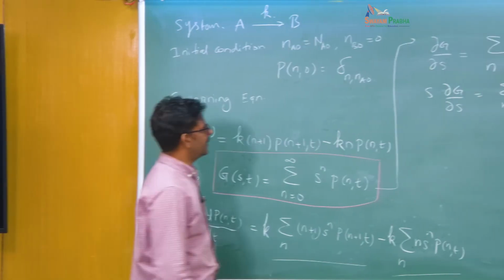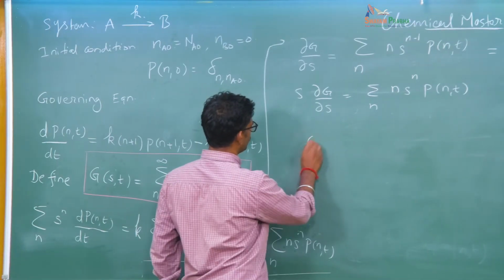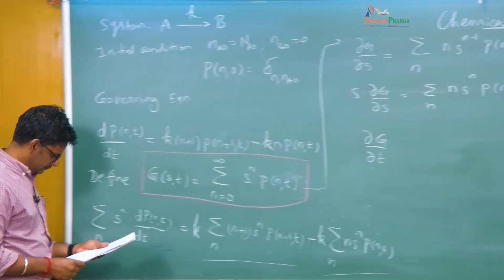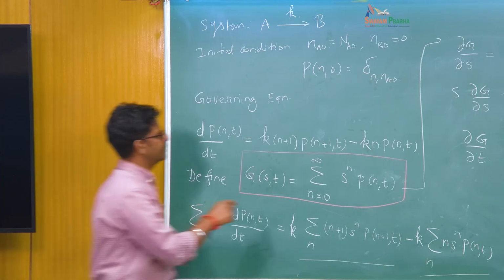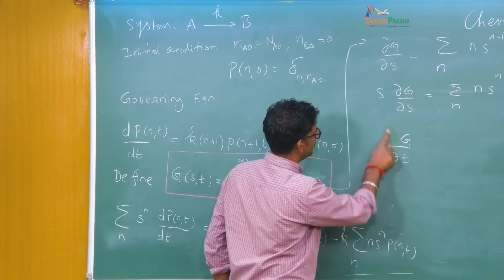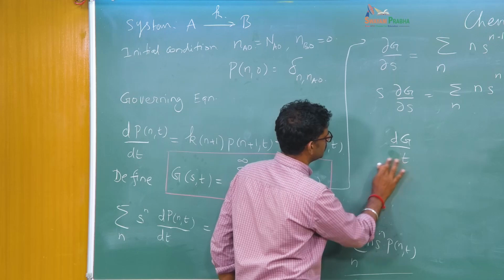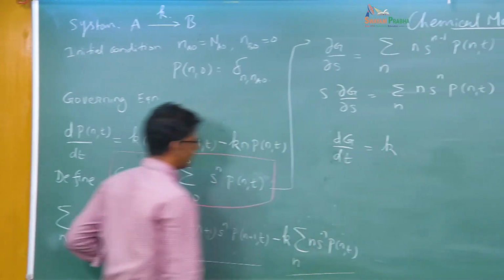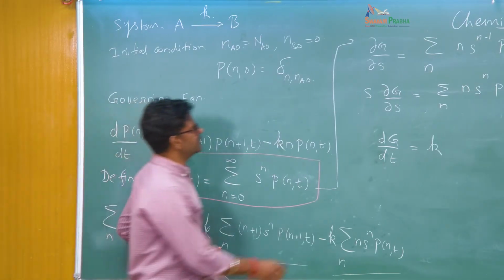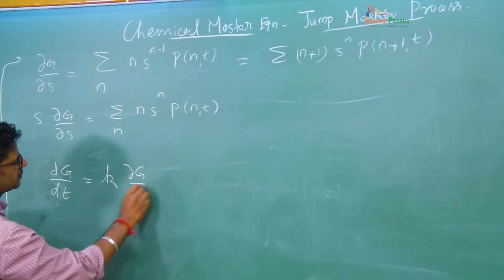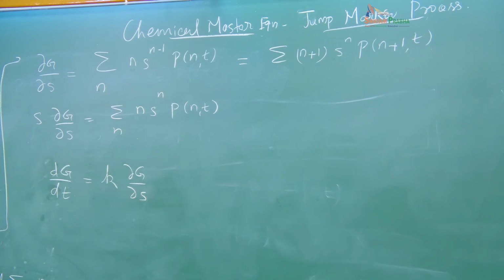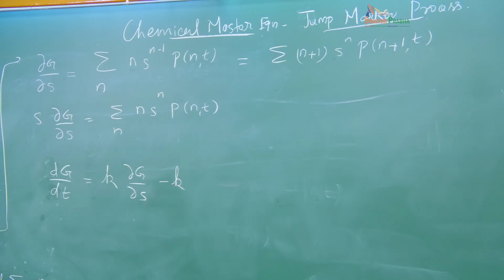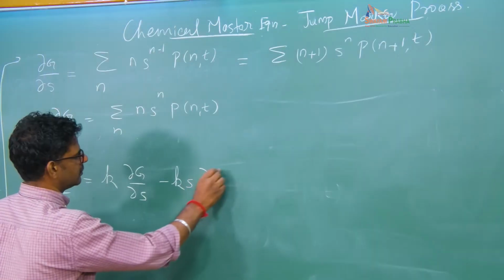Okay, so we have on the left hand side, sorry, it's not dou g, it's actually dg, the total derivative, dg by dt, is equal to k times this entire thing, dou g by dou s, minus k, this is nothing but s times dou g by dou s.